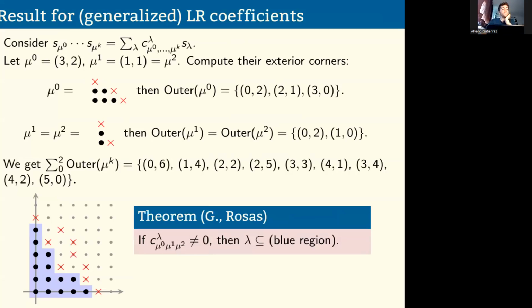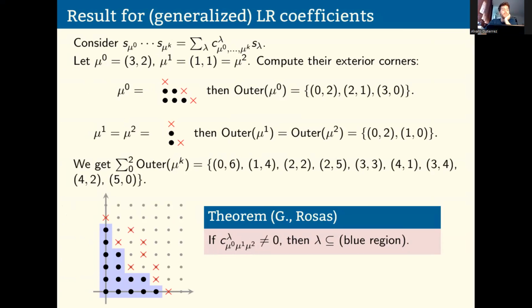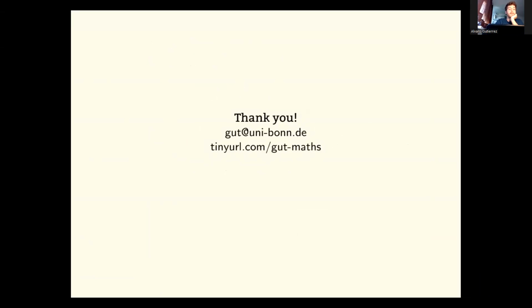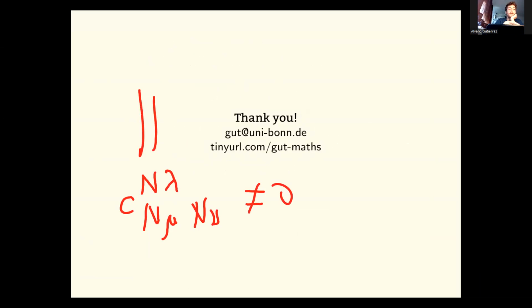Yeah, I was just going to say a bit more about how this is relevant, because, for instance, Tao's proof shows that if this coefficient is non-zero, then this other coefficient is non-zero.